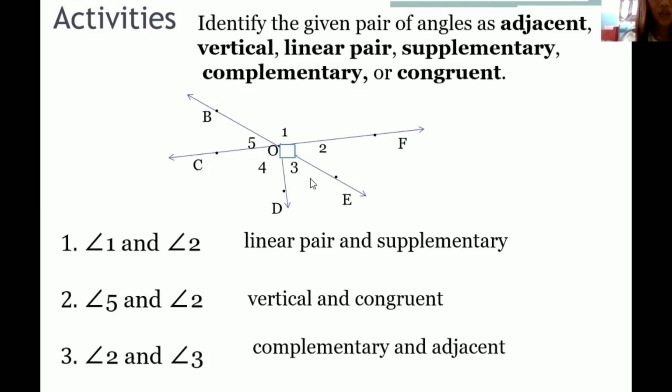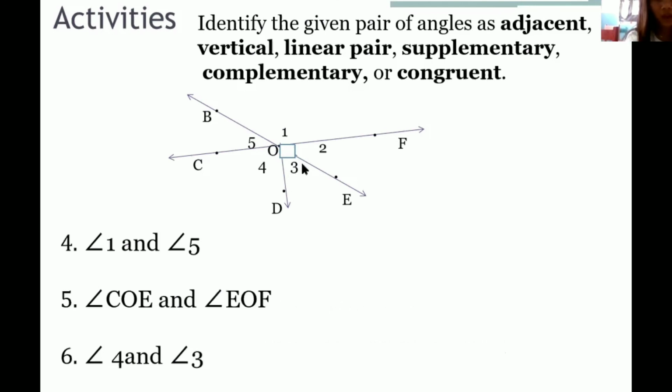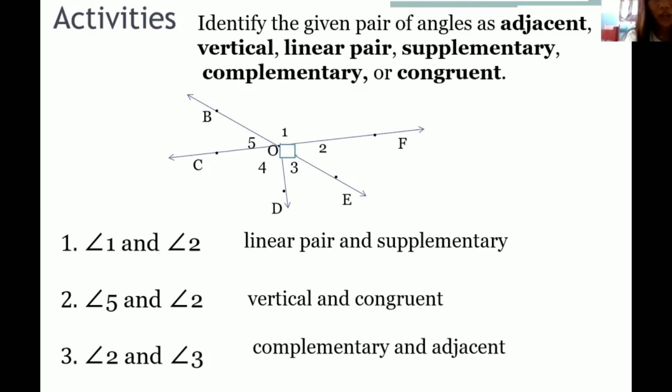It is divided into angle 2 and angle 3, and together they equal 90 degrees. So that is complementary. And angle 2 and angle 3 are also adjacent because they have a common side OE.